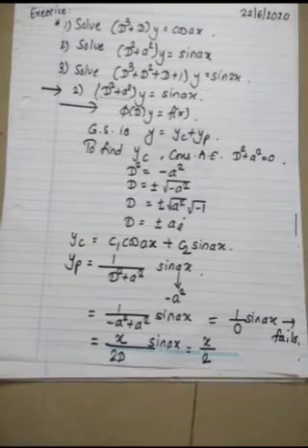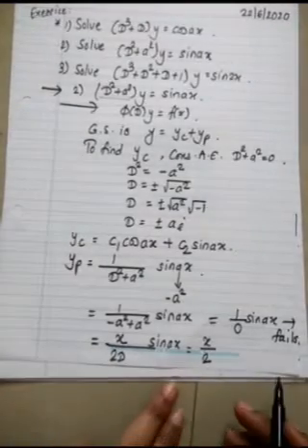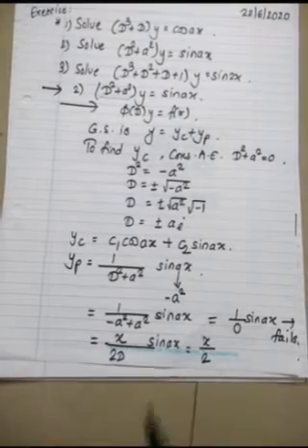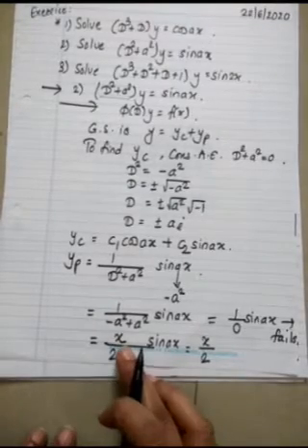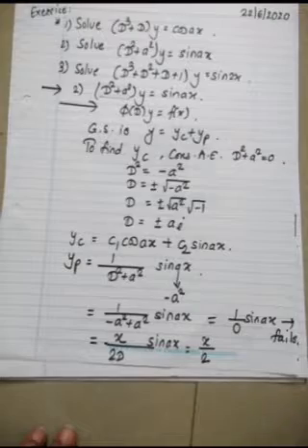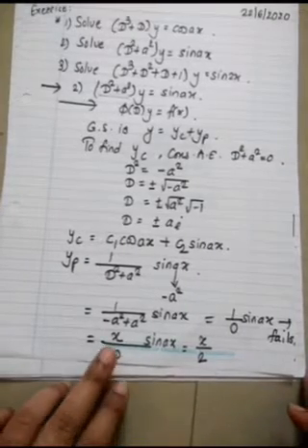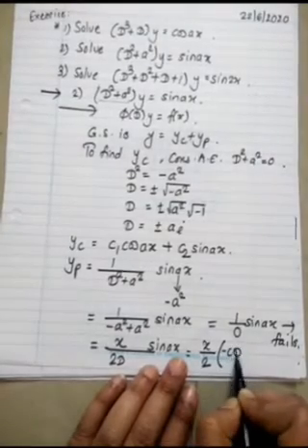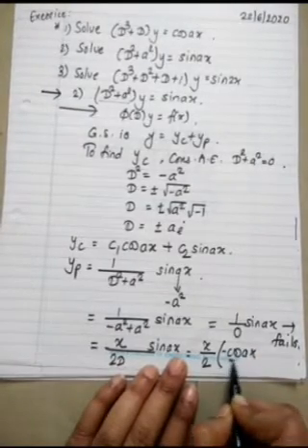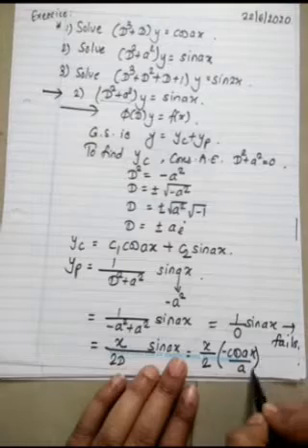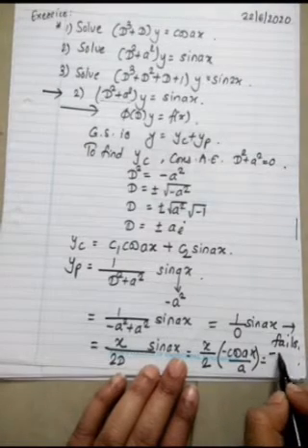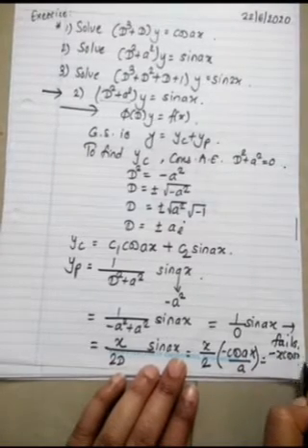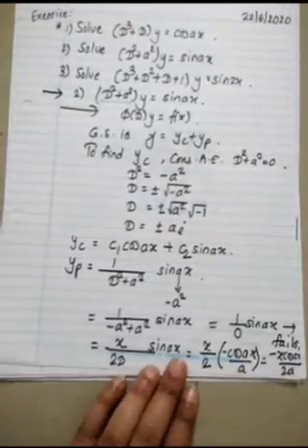1 upon D is what? Integration. If D is in the denominator, that is integration. If D is in the numerator, that is derivative. So D is in the denominator, so integration of sine is minus cos ax upon a. So your answer yp is minus x cos ax upon 2a.